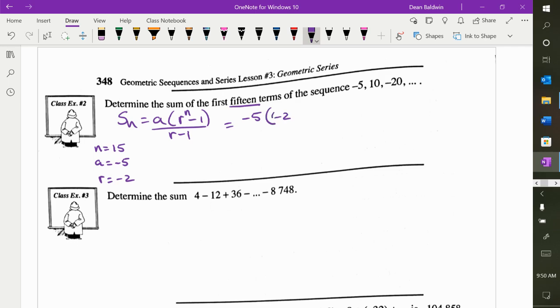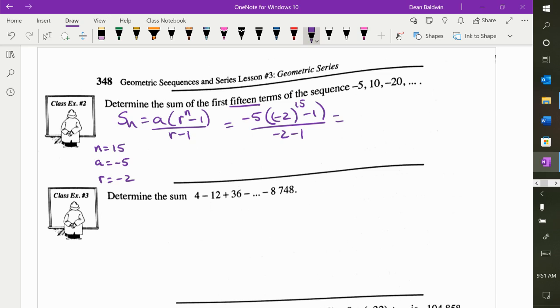I'll show you where people get tripped up. Where do you think people get tripped up here? The exponent in the brackets? Yes, the r to the power of n.